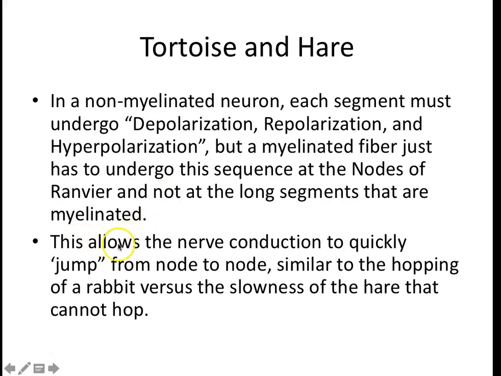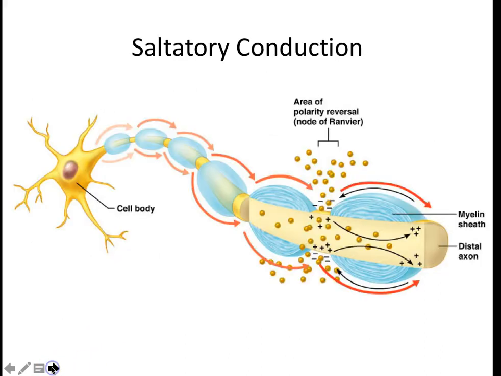So being myelinated and just having to do the nodes allows the nerve conduction to quickly jump from node to node, similar to the hopping of a rabbit versus the slowness of the tortoise that cannot hop. I'll correct that later. And there's that lovely diagram showing the hop, hop, hop, hop, hop.